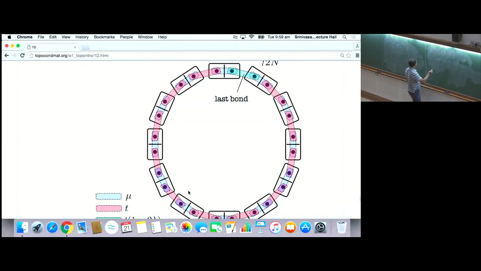Remember, I have this T effective, this hopping, as 1 minus 2 lambda times T. When lambda goes from, let's say, 0 to 1, T effective goes from T to minus T. And this one is periodic boundary conditions, and this one is anti-periodic.